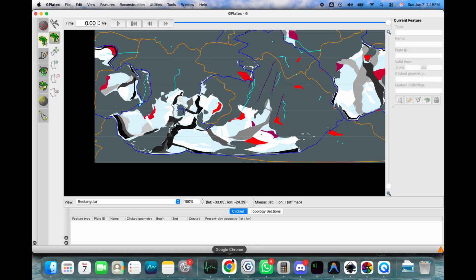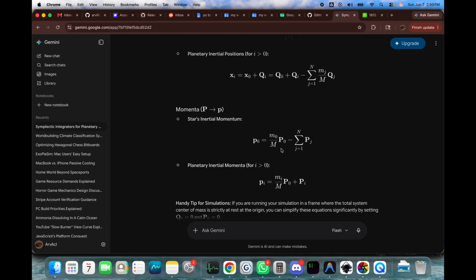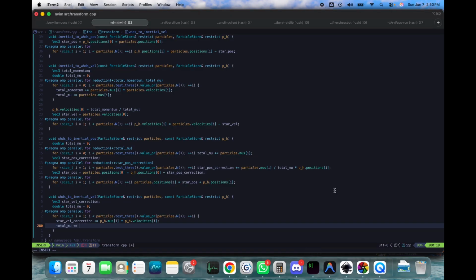Total mu plus equals, yeah, the total mu is used here, so we definitely need it. That's basically just summing this now.